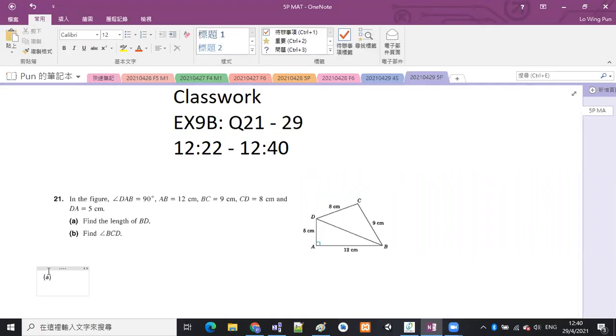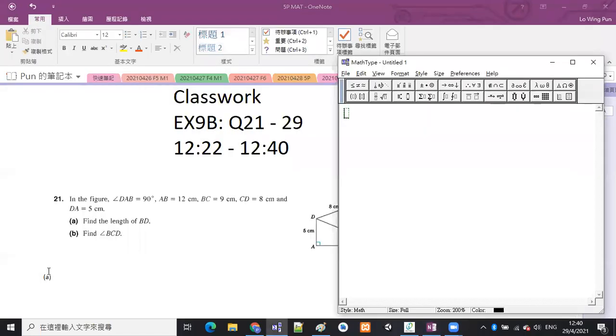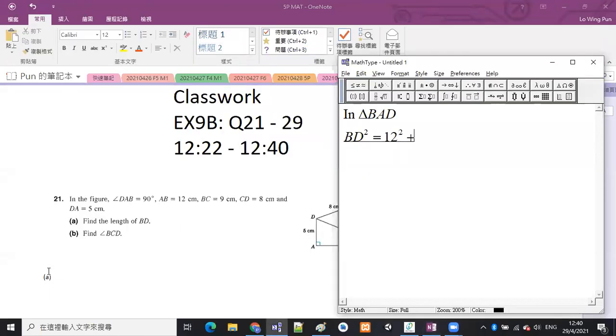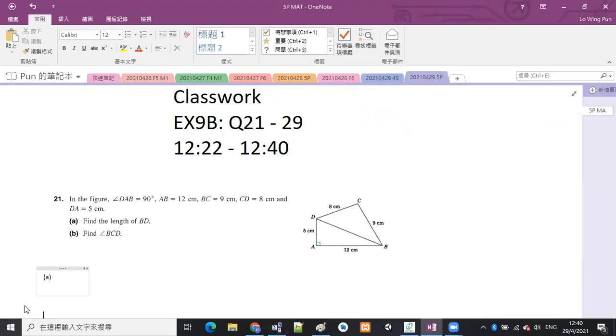We just need to use Pythagoras theorem. In triangle BAD, BD square is equal to 12 square plus 5 square. Then BD will be equal to square root of 169, which is equal to 13 cm. And that is the answer of part A.